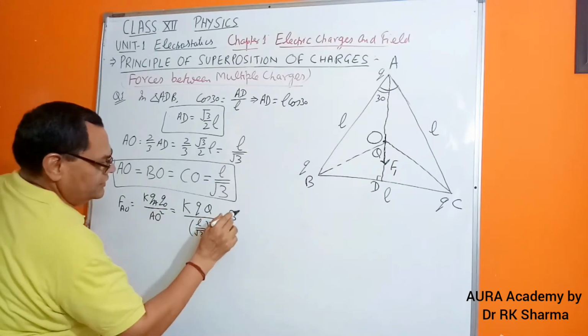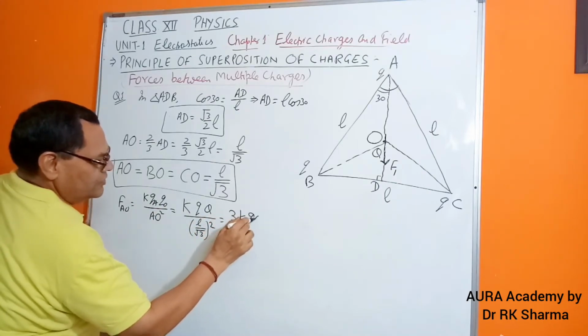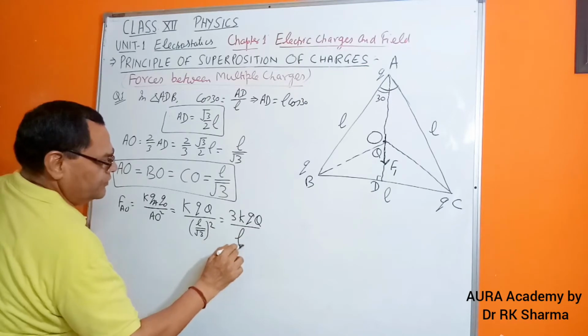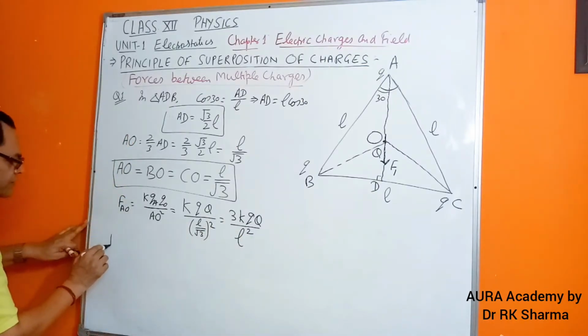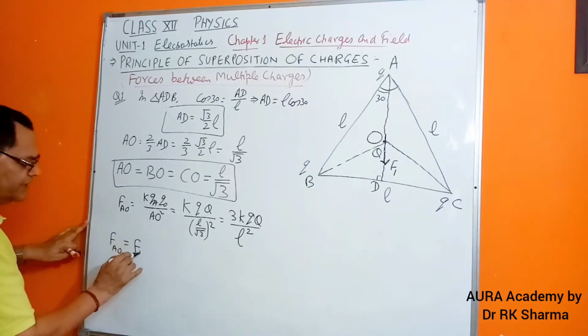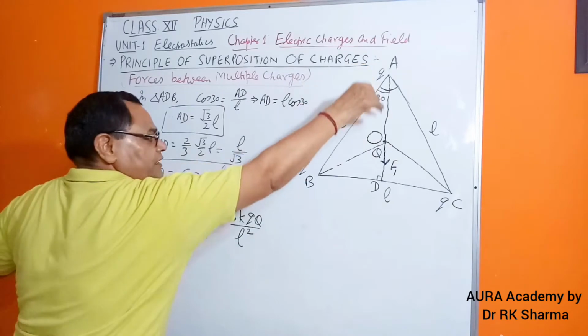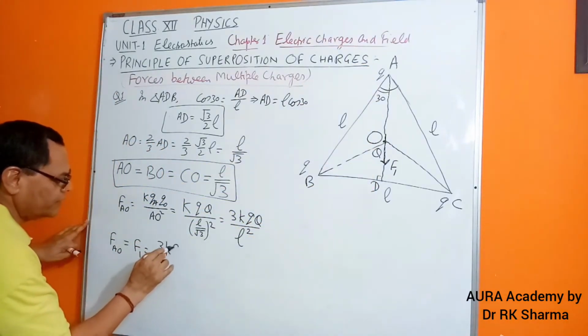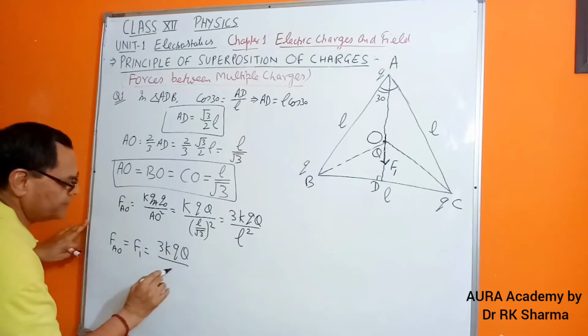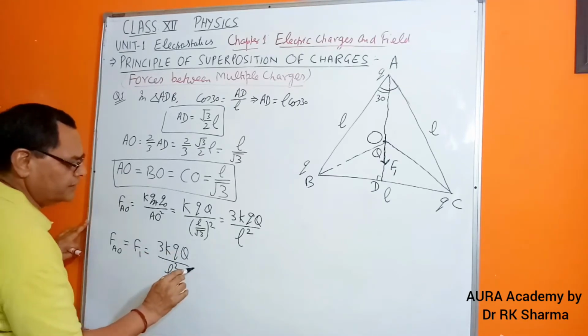Therefore it is 3K small q capital Q upon L square. So let me rewrite: FAO, that is indirectly this F1, which is pointing this way, is equal to 3K small q capital Q upon L square. Clear?